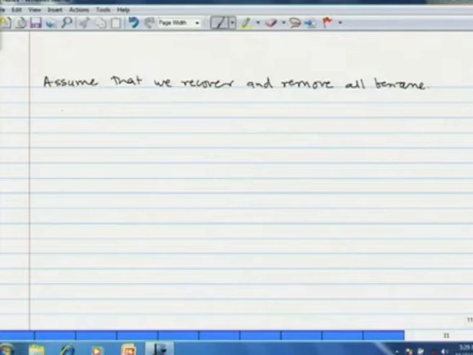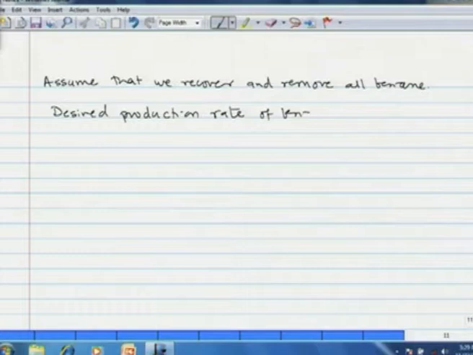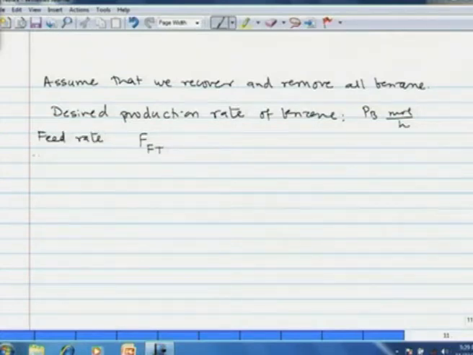Now, let us say that the desired production rate of benzene is Pb mole per hour. Then obviously the feed rate of fresh toluene, which we denote by FFT, is Pb by S, the selectivity.